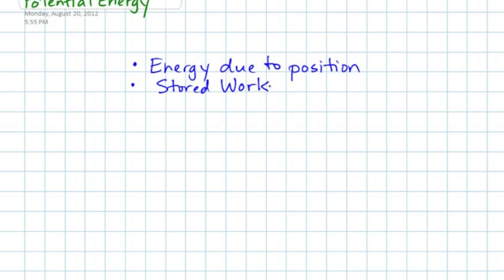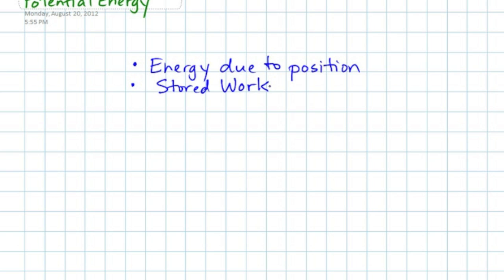In other words, if you've done work to an object, like lifting a book, you've put work into it and you've changed its potential energy. Later on, when that book falls back down, then that energy gets converted back into kinetic. So potential energy is really more about position and where things are.